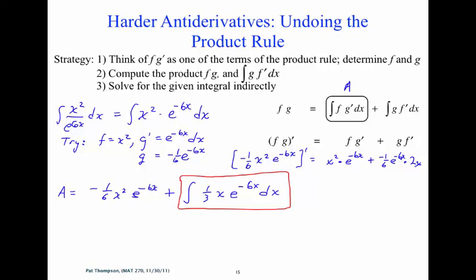X. So G prime is going to be minus. Right, even minus. Yeah, you get it. That's right. Okay, now you're good.